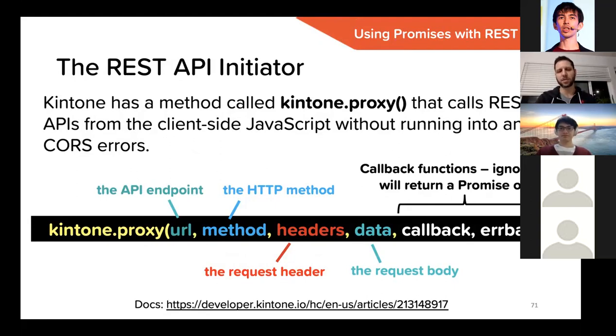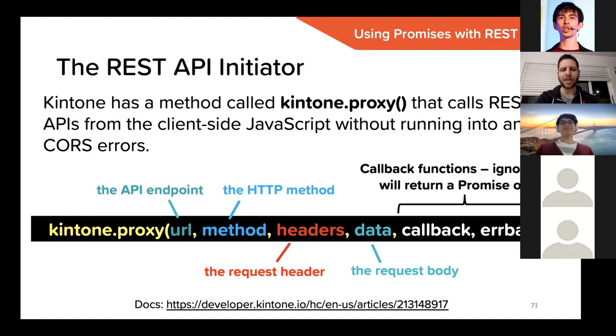No pass. So Kintone has this method called proxy, and what that allows us to do is we talk to the Kintone server. We say, hey, you. This is the REST API call we want to make. Please make it on our behalf. Please facilitate it, get a response, and then give it to us here on the client side.